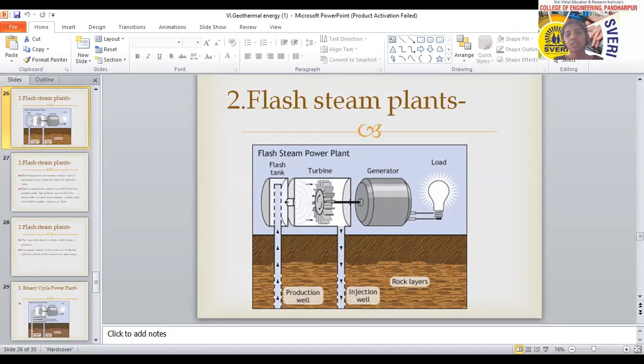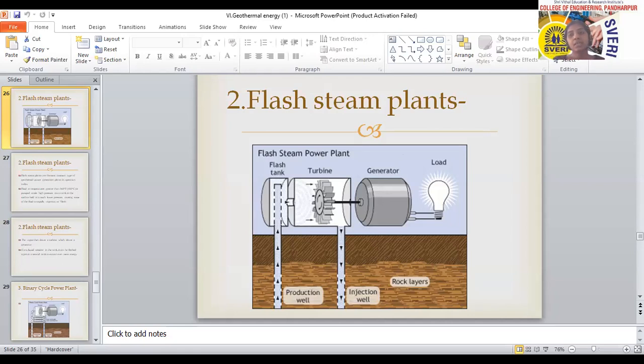That water is pumped under high pressure into a tank, and the steam coming from that water is used to drive the turbine, which again drives the generator.